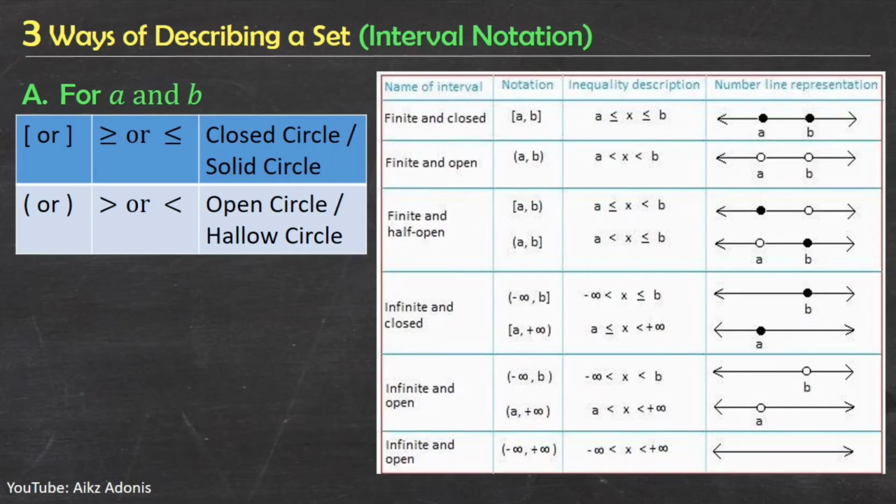And you already learned a while ago that if the inequality symbol used is greater than or equal to or less than or equal to, we use closed circle or solid circle. On the other hand, we use open or closed parentheses when the inequality symbol used is greater than or less than. And if these are the inequality symbols, we use open circle or hollow circle.